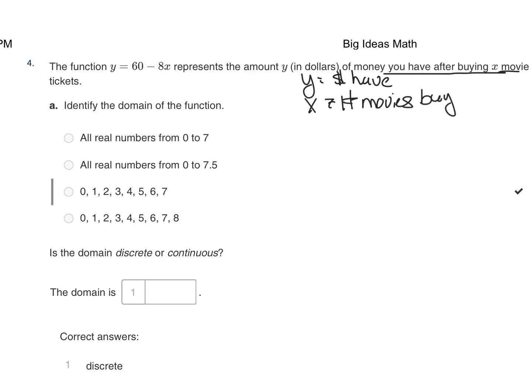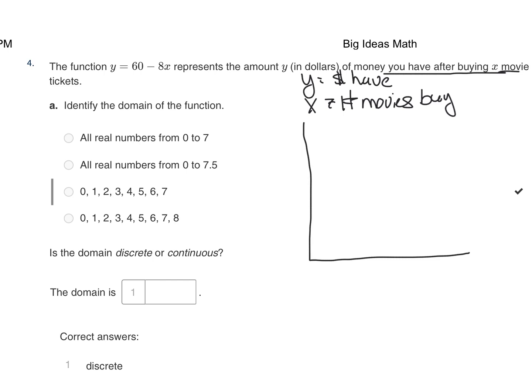All right, so identify the domain of the function. If we're buying, we're not going to have negative money, so I'm going to leave it in quadrant 1. And I like to put it here to kind of represent.